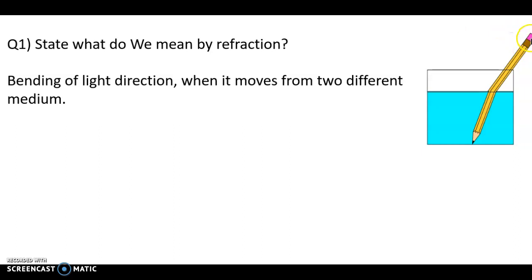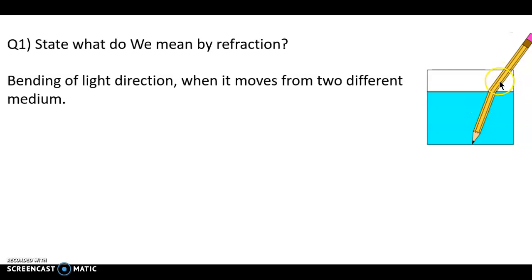I need to see the pen by its reflected light on my eye, so it is light. There is a bending in its direction. It's not an actual bending, because light has different speeds in different media.